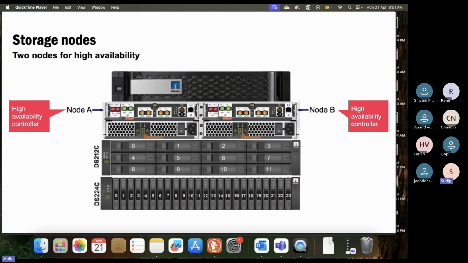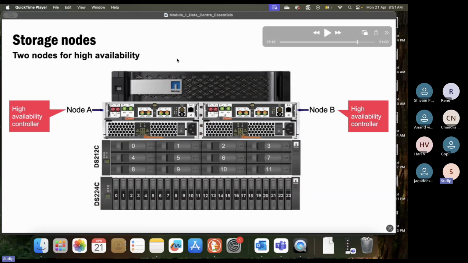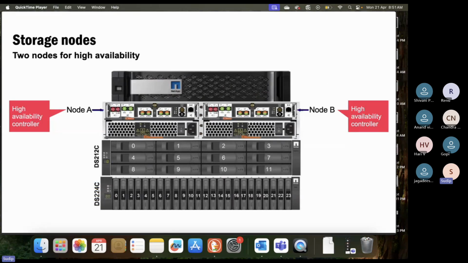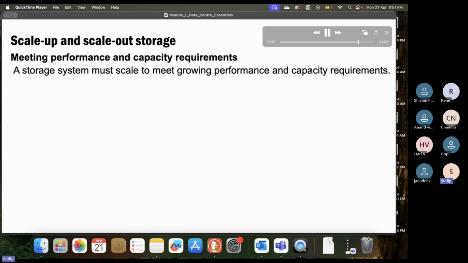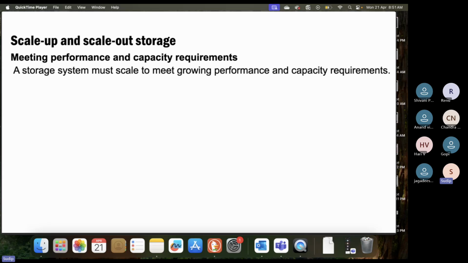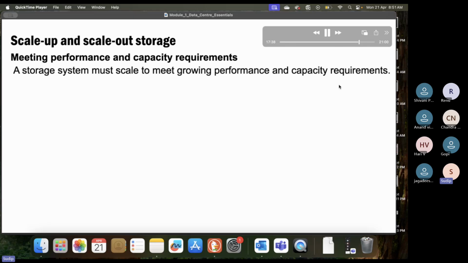This is one of the basic storage controllers, and this is how it will look. There are multiple components in the rear of a storage controller where we need to connect different ports. So we will see them.